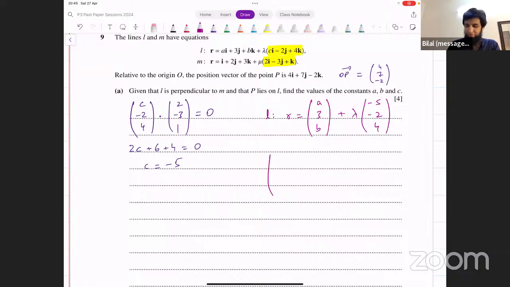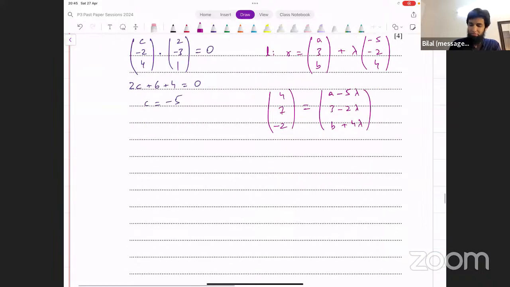Let's put that point here. What's the point? Let's equate it to that point, 4, 7, minus 2. And in place of r, we input that point. On the right side, let's simplify this. We have a minus 5 lambda, 3 minus 2 lambda, and b plus 4 lambda.